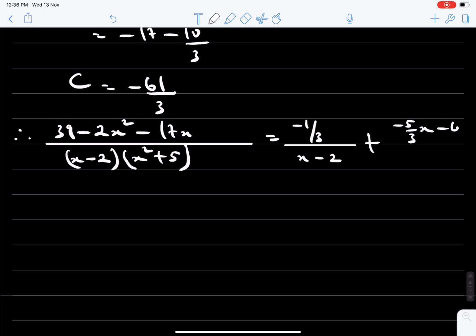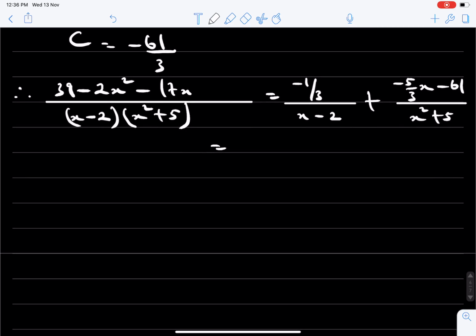That's minus 61 all over x squared plus 5.